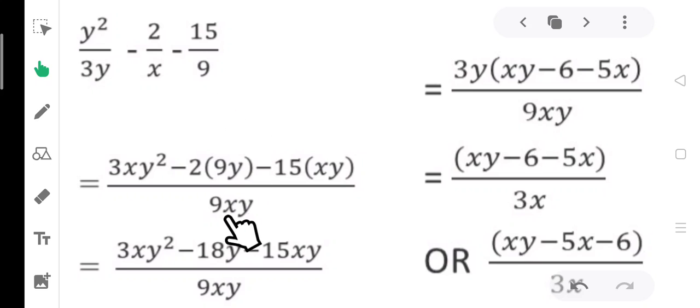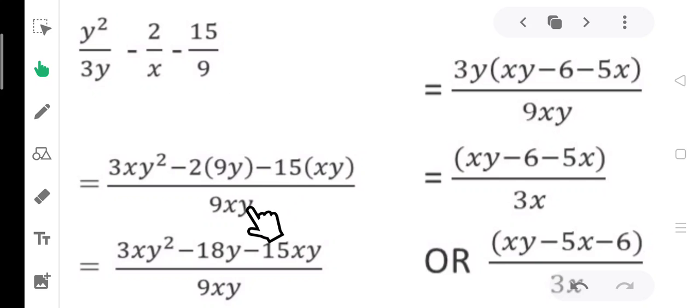So we have 9xy. So we're not going to include another factor, which is 3 for 9, because it is already common to the factors of 3y. So the LCD would be 9xy. So that is the least common multiple of all the denominators here.